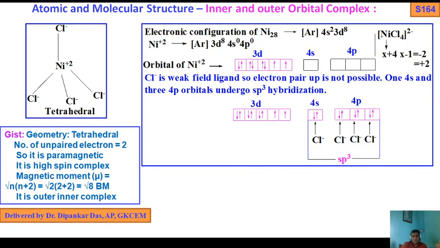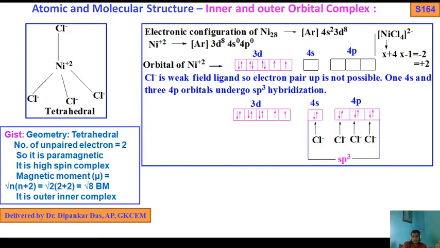The 3d orbital does not take part in the hybridization. So it will show an outer orbital complex.